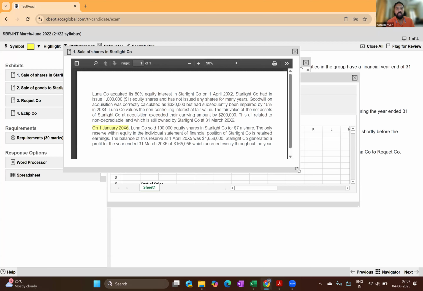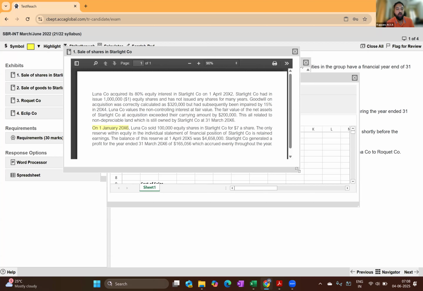Goodwill on acquisition was correctly calculated as $320,000, but had subsequently been impaired by 15% in 20X4. Luna Company values non-controlling interest at fair value. The fair value of net assets of Starlight at acquisition exceeded their carrying amount by 200,000.